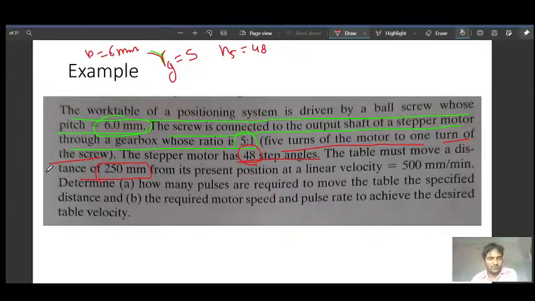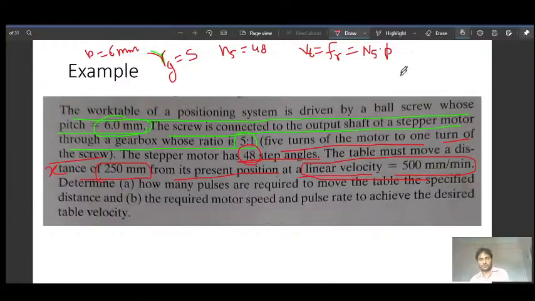You have to move the table x distance from its present position at a linear velocity of 500 mm per minute. Linear velocity means the velocity of the table, the same as feed rate FR.